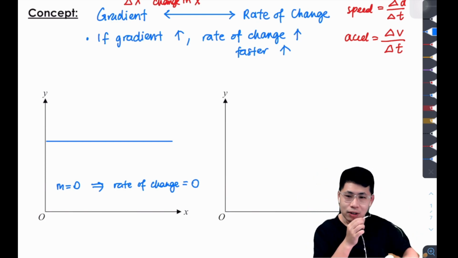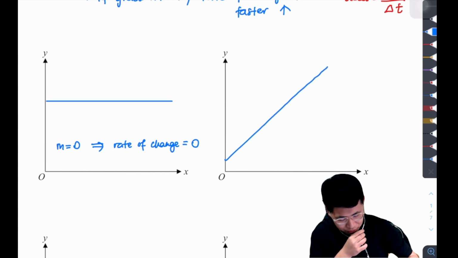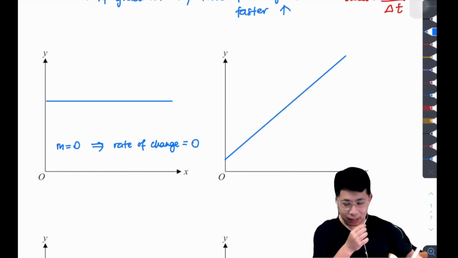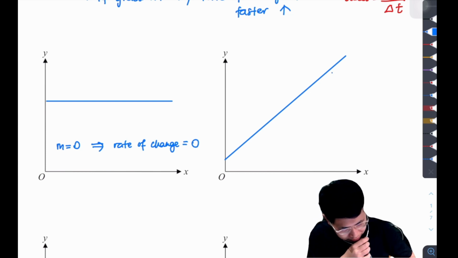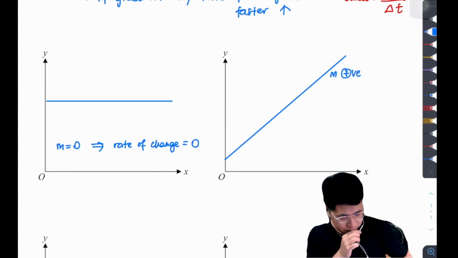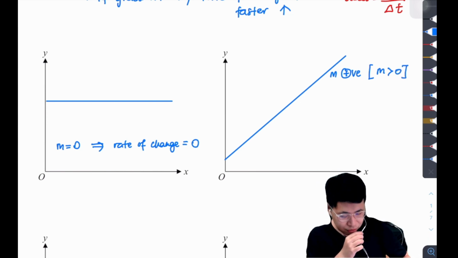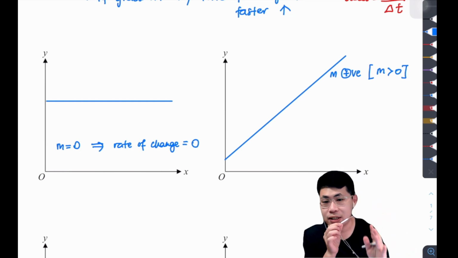Now let's take a look at the second kind of graph. Let's say the graph is slanting upwards like this, but still in a straight line. Here, we can say that the gradient is a positive gradient, in other words, the gradient is more than 0. Does the gradient change or not?